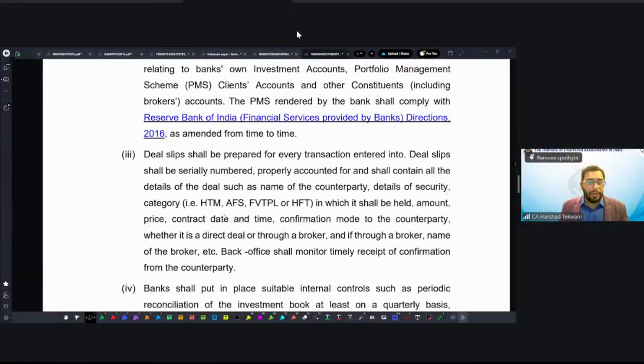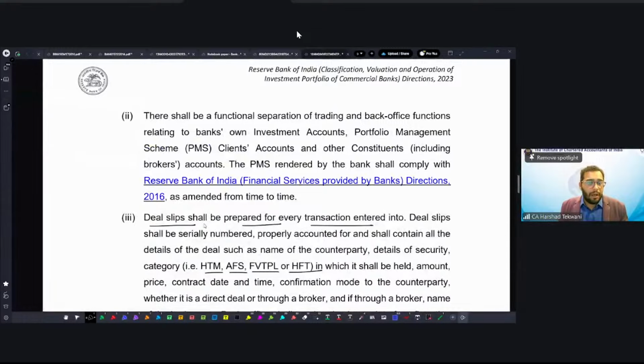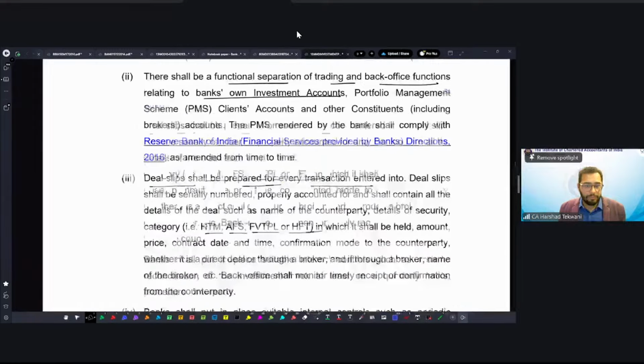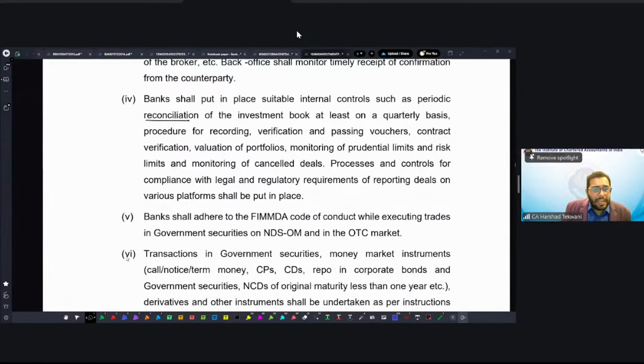Then daily slips, deal slips, shall be prepared for every transaction entered into, whether it is HTM, AFS, FVTPL or HFT. Then the bank shall have separate functions for these investments, a functional separation for trading and back office functions for the bank's own investment accounts. But then there should be a periodic reconciliation of the investment book at least quarterly.